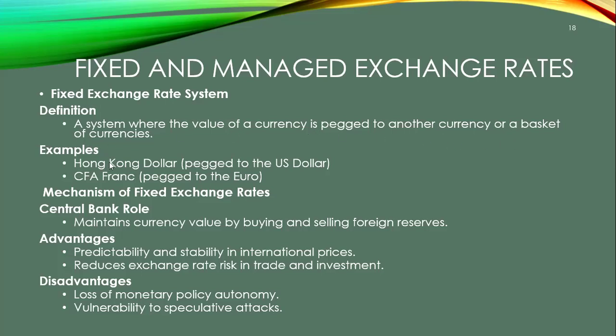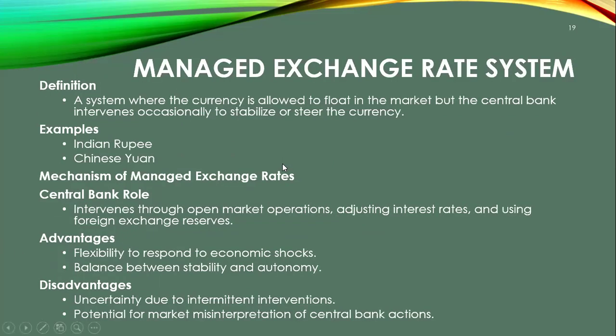For example, the Hong Kong dollar pegged to the US dollar. Mechanism, in other words, it is always done by the central bank, which maintains the currency value by buying and selling foreign reserves. Advantages of fixed: predictability in international prices. These ones, I looked at them in some of our previous classes.